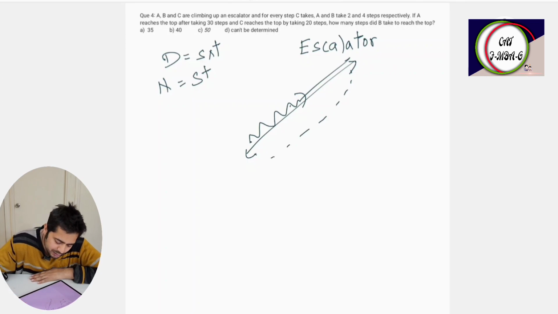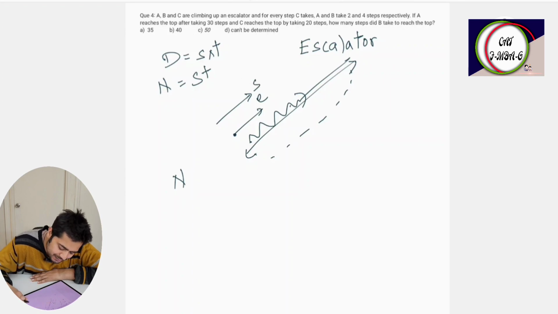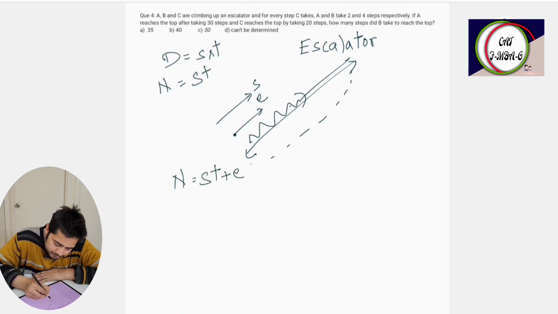So the number of visible escalator steps is N. If the escalator is moving in this direction, and the person is moving in this direction with a speed of s, both moving in the upward direction, the number of steps is equal to st plus et.